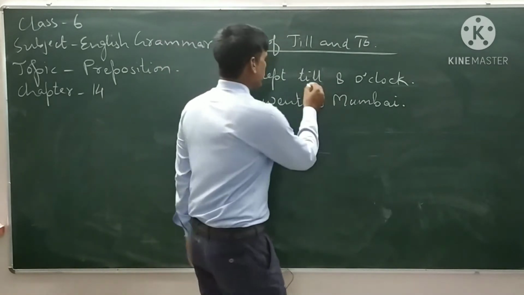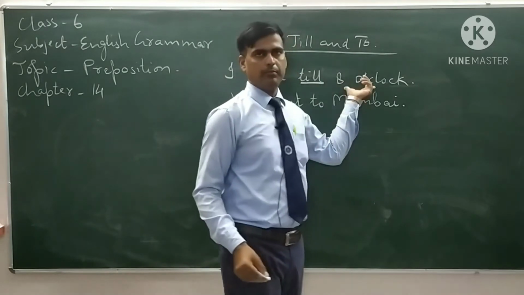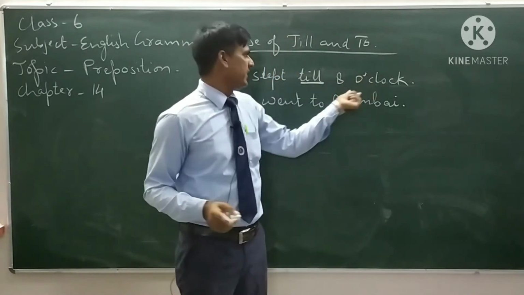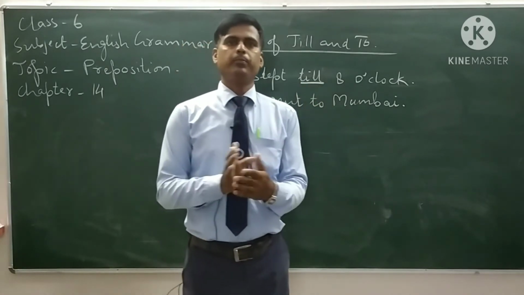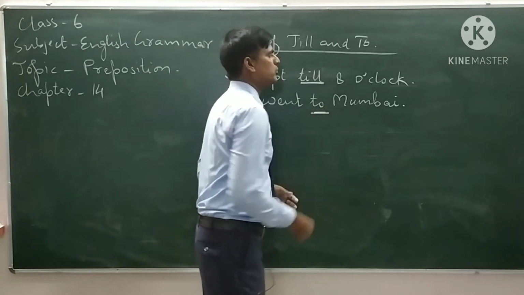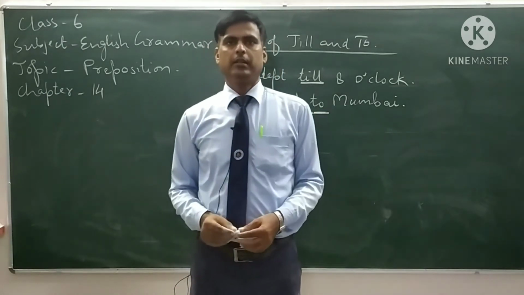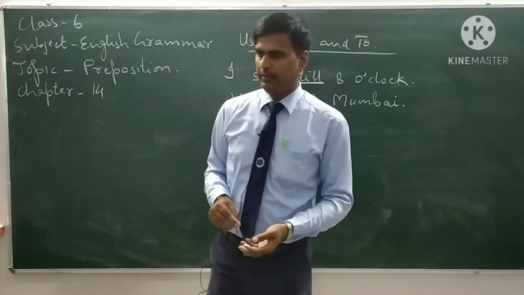If we are going to talk about the time, we will use till, because 8 o'clock is the time. But if we are going to talk about the place, we use to. For example, he went to Mumbai. Mumbai is a place. So for place we use to, and for time we use till.